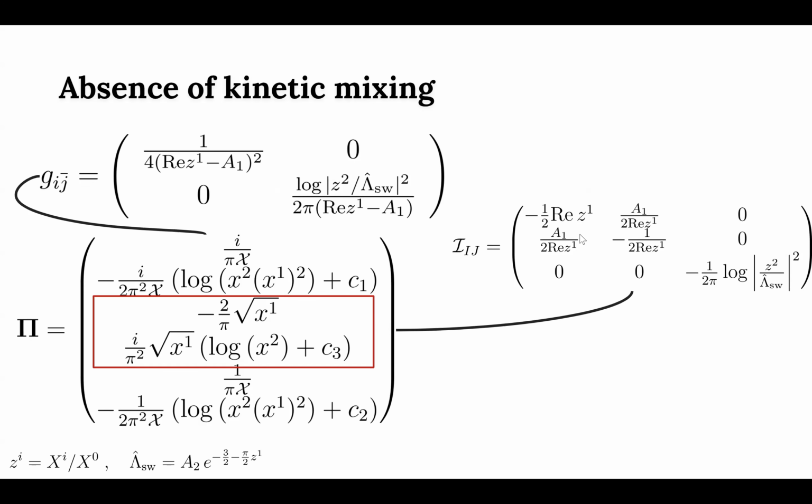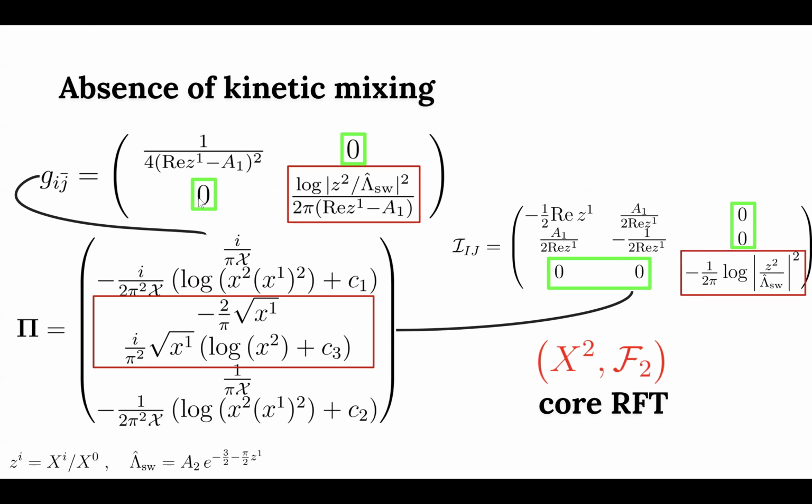Again, don't focus on the explicit expression. I just want you to focus on the fact that there is no kinetic mixing between the second direction, the one we claim is the core rigid field theory, and the other field directions.